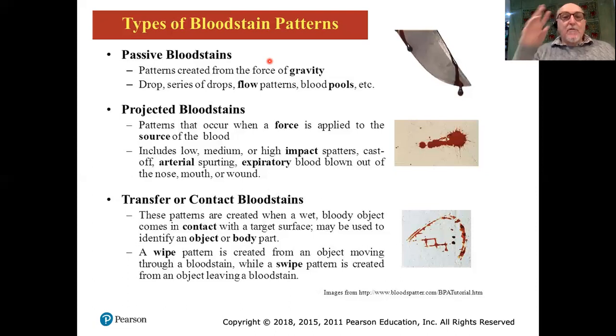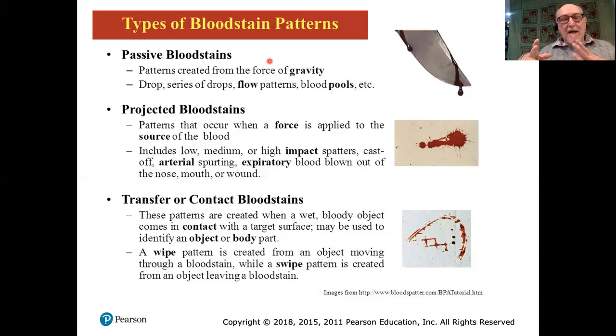We recognize three kinds of impact. Low impact, which would probably be something like a fist. Medium impact, which might be something like with a weapon, but that could also be low. Or high impact spatter.